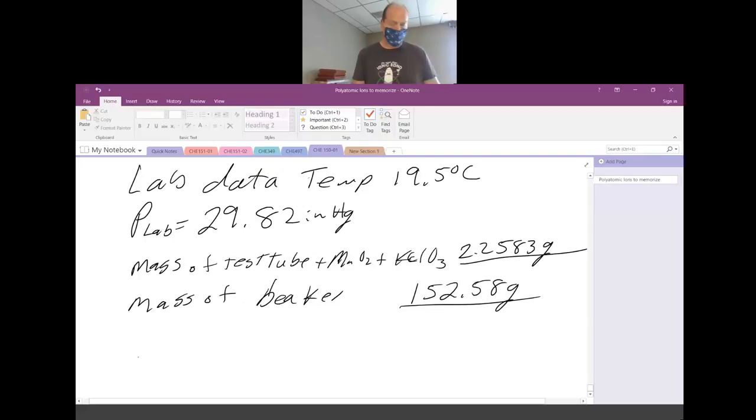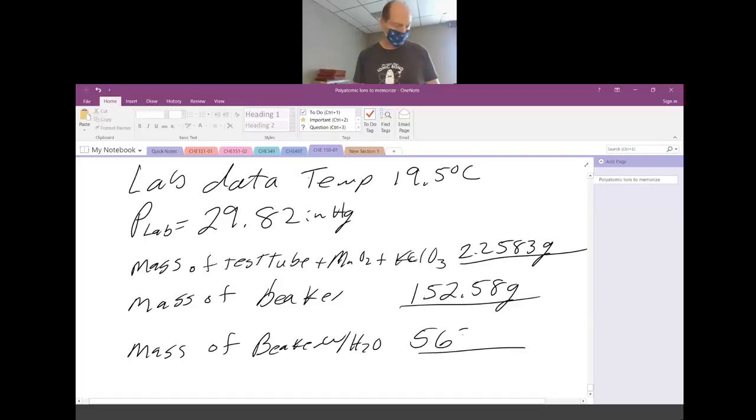All right, and so then we did the experiment, and then we got, after we finished our experiment, let it cool, we got the mass of the beaker with the water on our triple beam balance, and that weighed 563.99 grams.